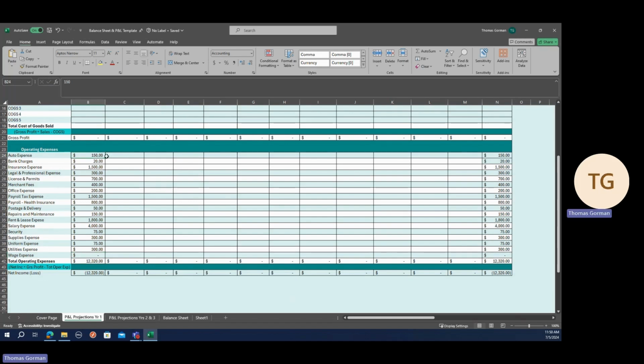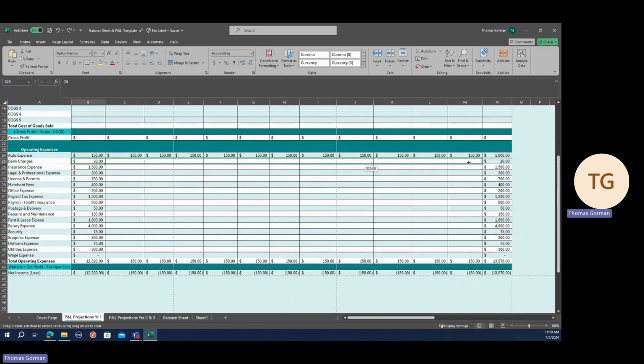Now, we are going to assume that these operating expenses are going to be fairly stable throughout the year, just for the ease of this exercise. So for each of these, we're going to project all the way. Oh, we gotta backtrack on that. We want to make sure that we don't go all the way out.